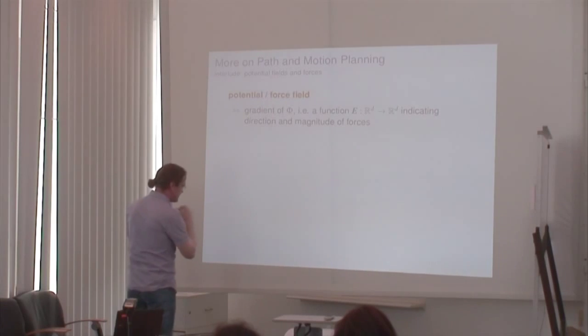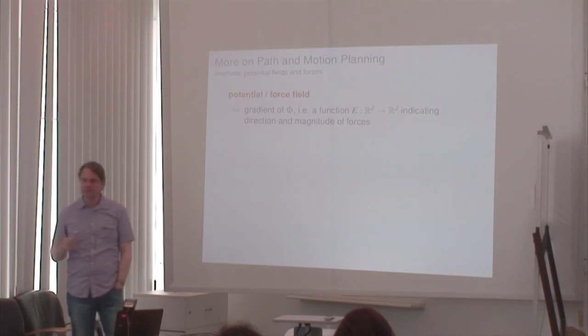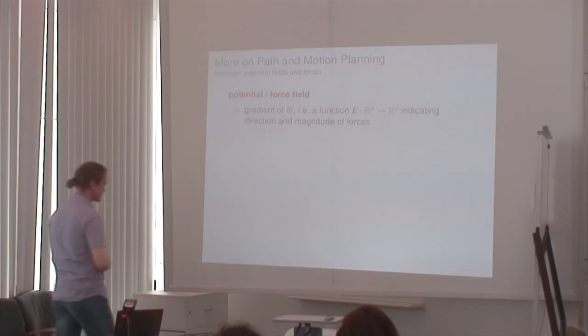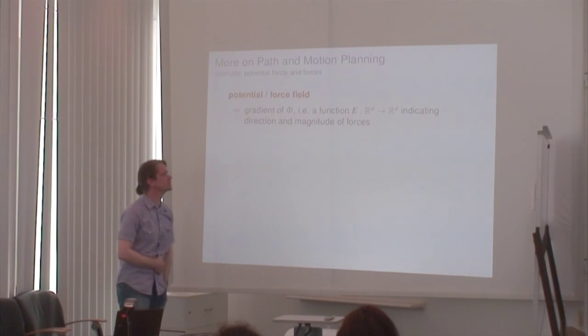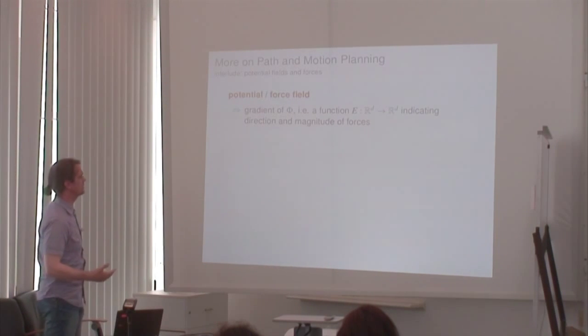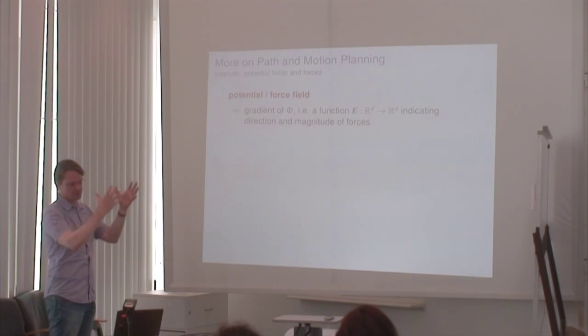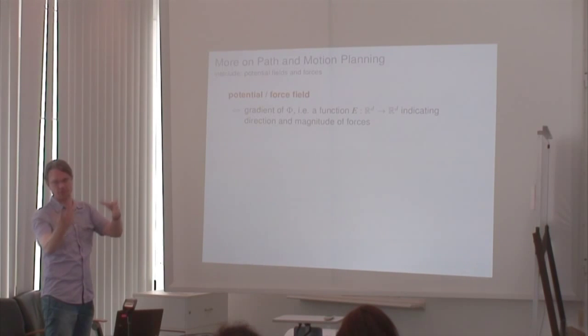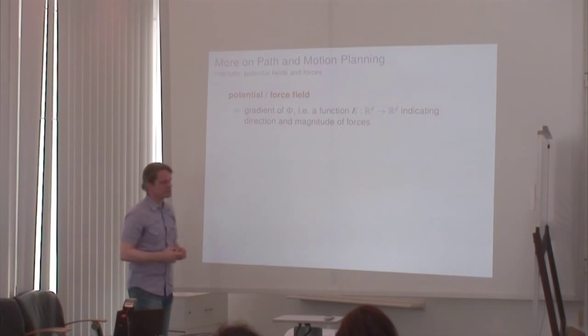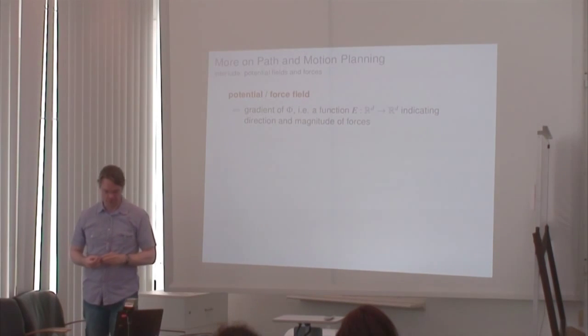Now that we have seen an example of a potential, we can think about potential or force fields. These are gradients of potential functions. That is, force fields are functions that map from some d-dimensional vector space to some d-dimensional vector space. And they indicate directions and magnitudes of forces.